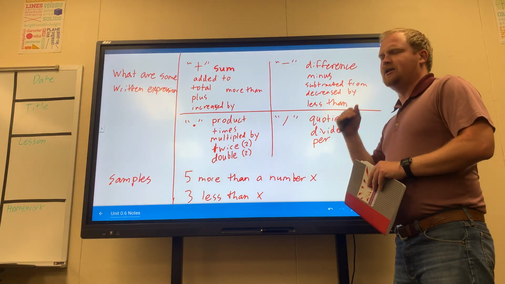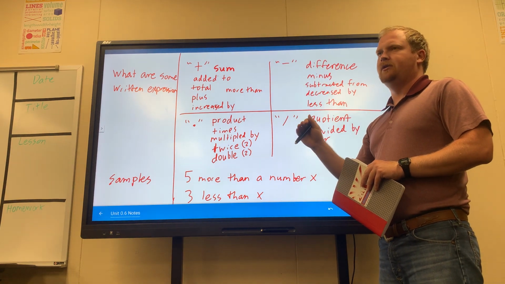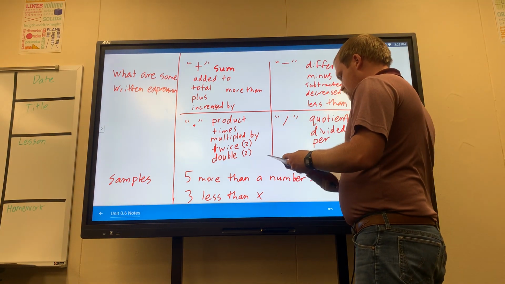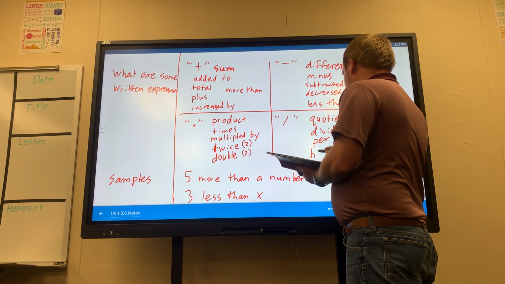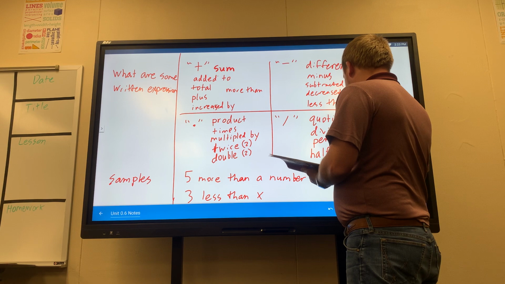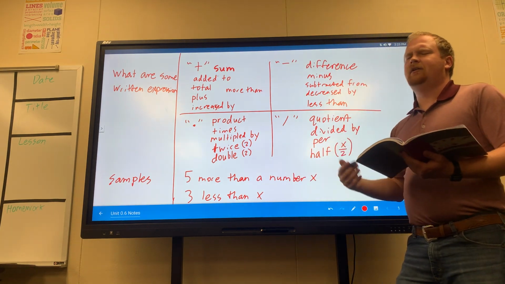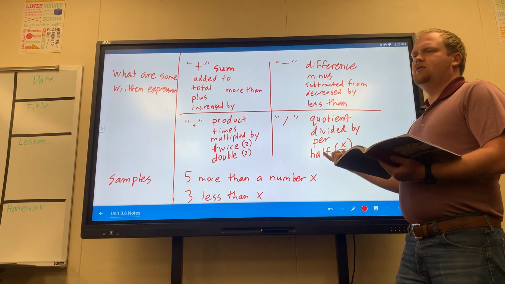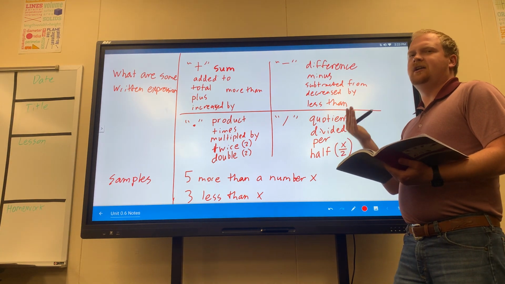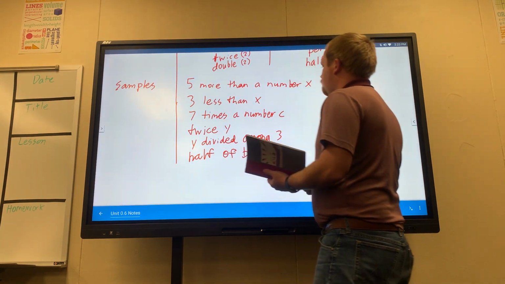That's what that per means. It means divide, because we're dividing the miles per number of hours. Also, we use half quite a bit. Half of the amount or half the time is just telling us I'm dividing it by 2.